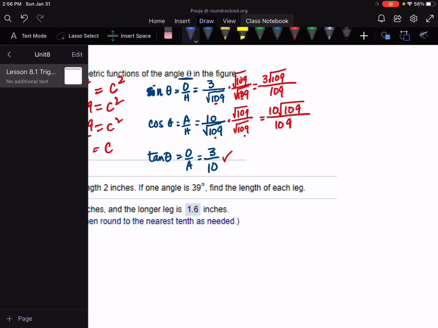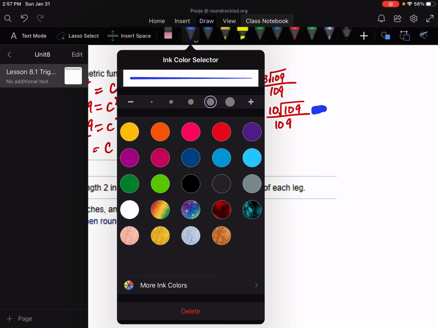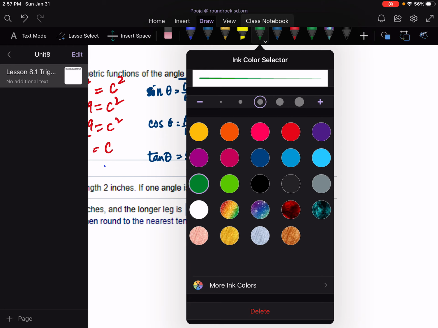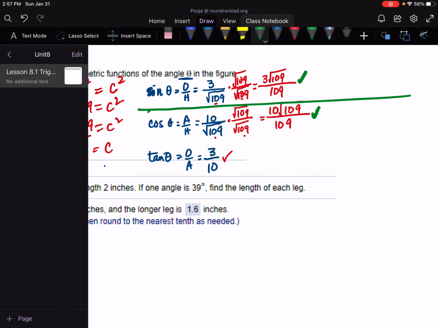Now, you can plug this in the calculator and get a long weird decimal answer, but there is absolutely no need to do that. Math Excel will take it in the format that I have shown you. Now this is also good and this is also good. But those are just 3 of them. Remember, we were trying to find all 6. That's what the question asked me.